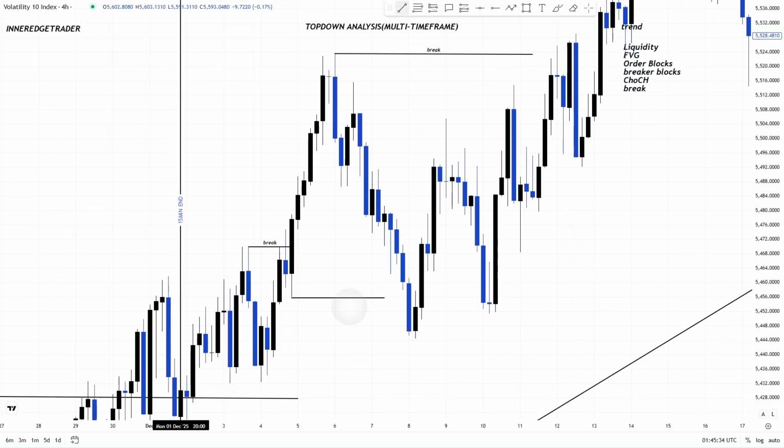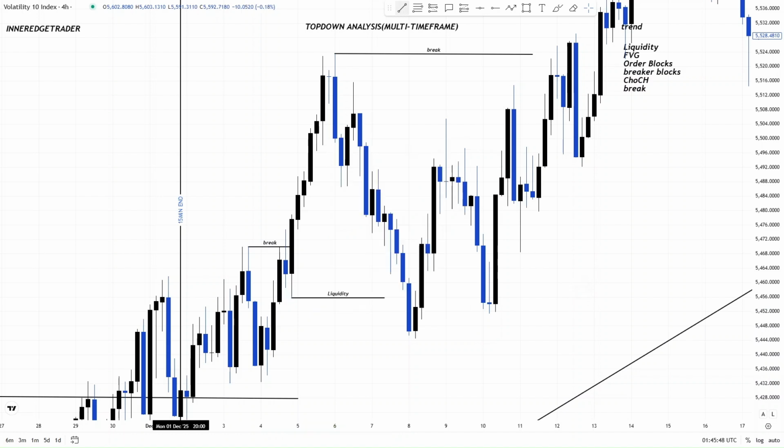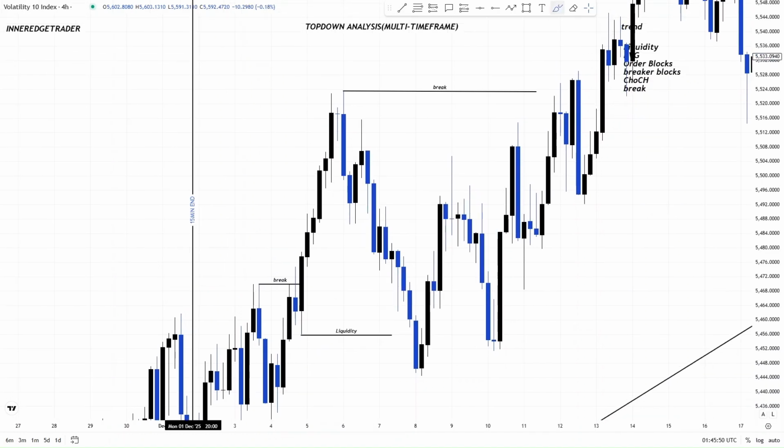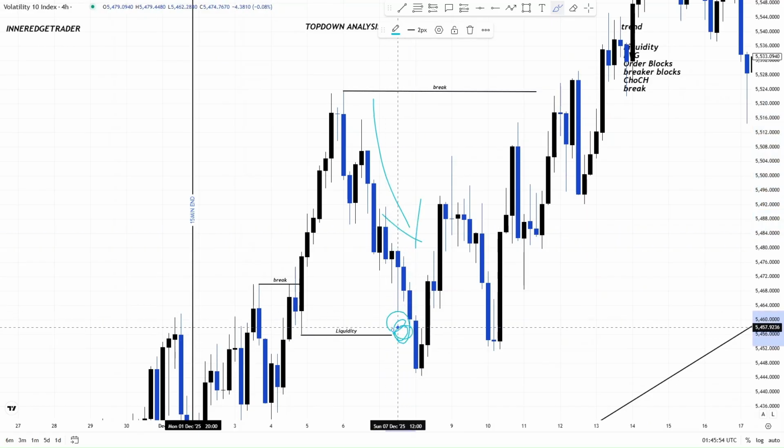So the market broke our liquidity after the market made a series of higher highs. The market started to make a correction move to the downside, which is this, which took out our liquidity.